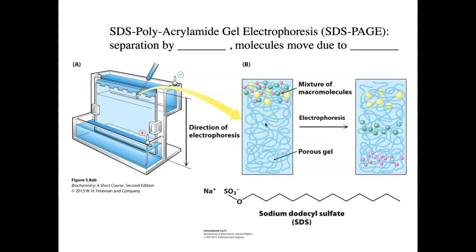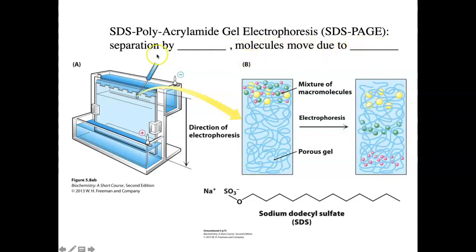While on SDS-PAGE, we still use the mobility of charged molecules in an electric field, but the separation happens by size, right? So make sure you're clear that in SDS-PAGE we separate by size, but the molecules still move due to charge.